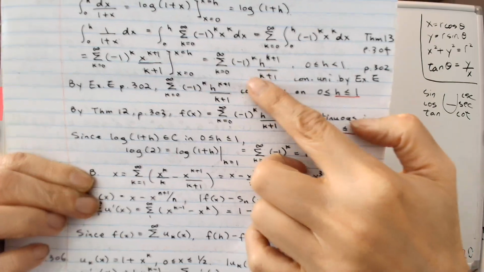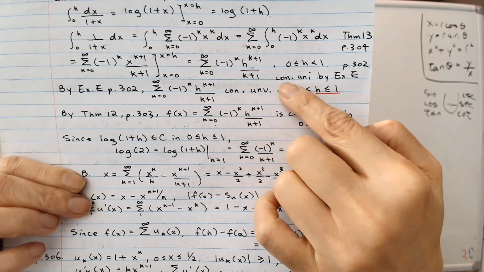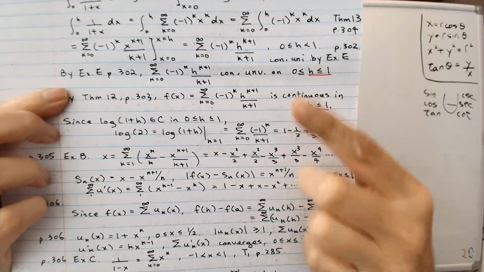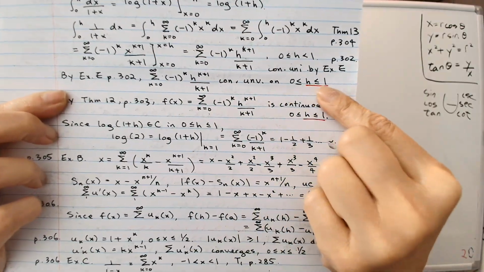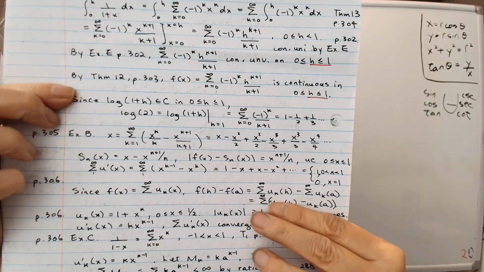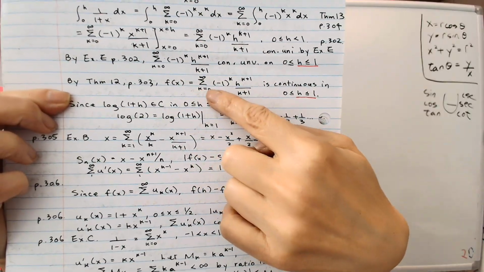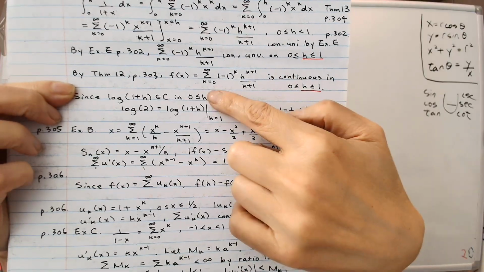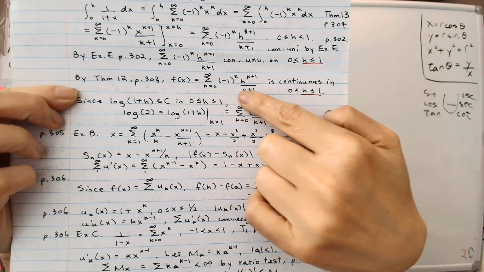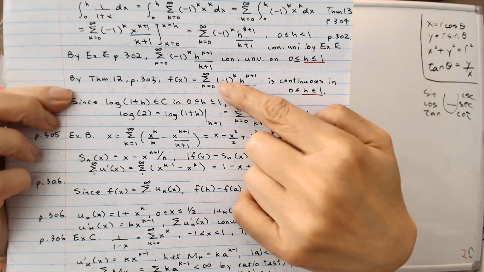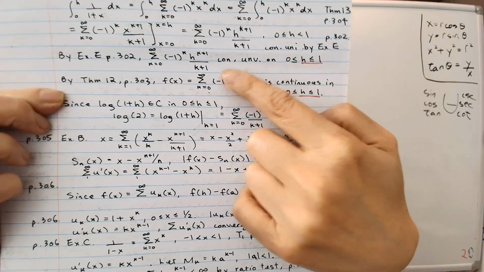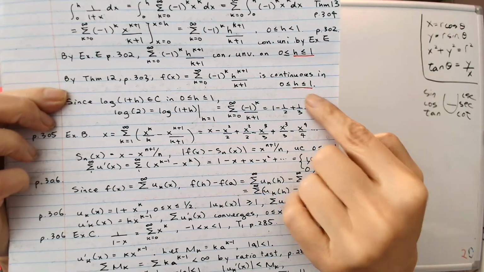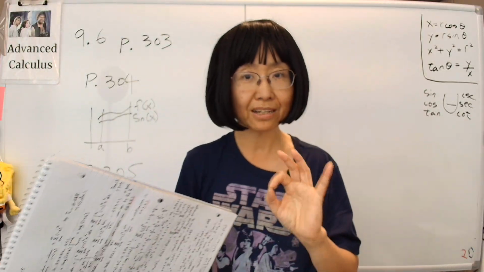However, this particular series is uniformly convergent all the way up to 1 by example 5 on page 302. And by Theorem 12, f of x is continuous, because it is the sum of a uniformly convergent series of continuous functions. So right now we're just focusing on what happens at 1.